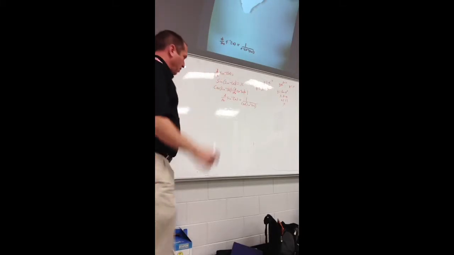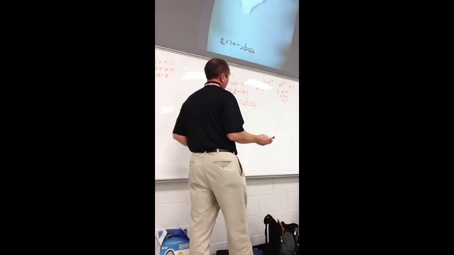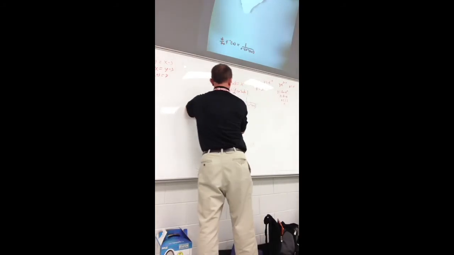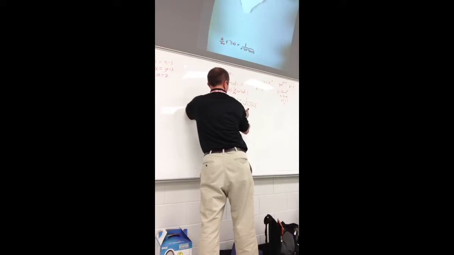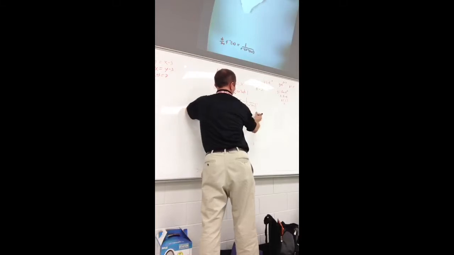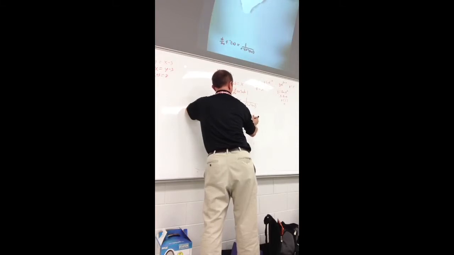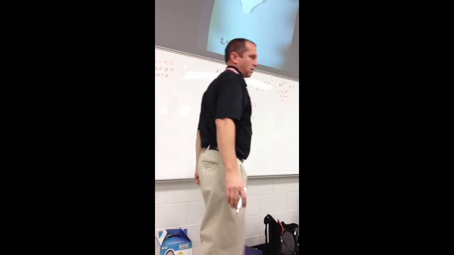Now, flip forward. If you are in your book, it will say that the derivative of the sine inverse of x is 1 over the square root of 1 minus x squared.